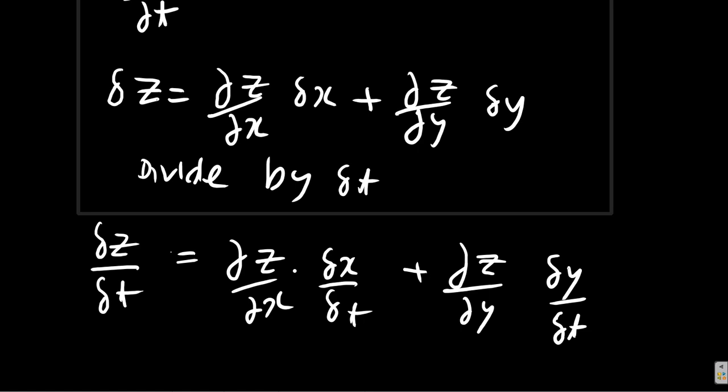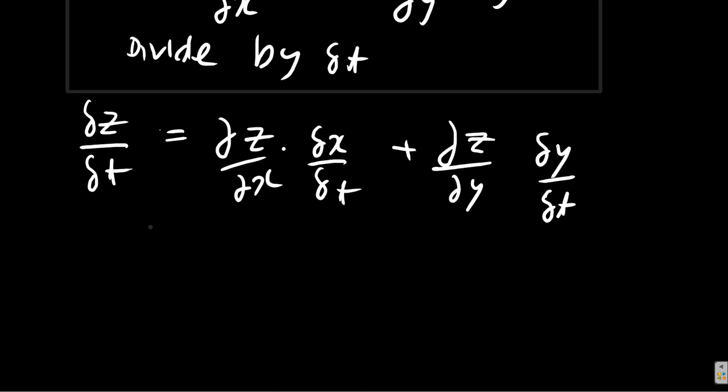Now, suppose the change in t tends to 0. Then this will become this. The small change in t, or delta t, will become dt, which is the derivative.